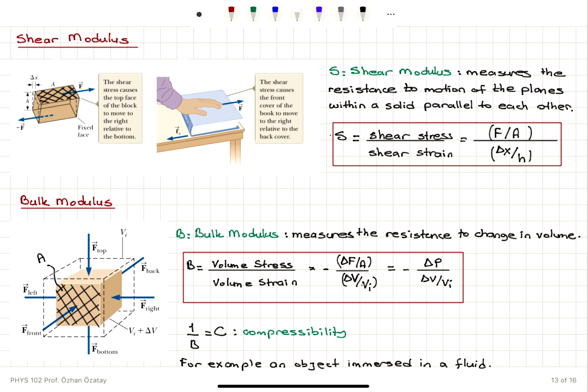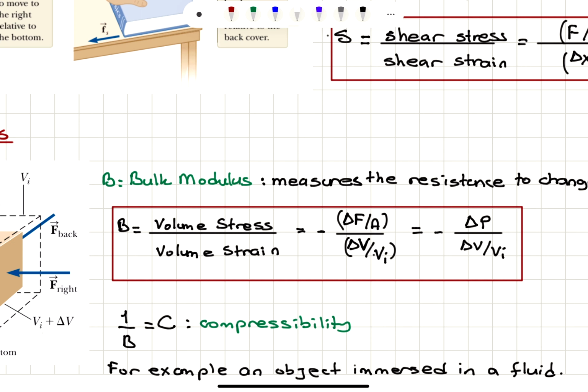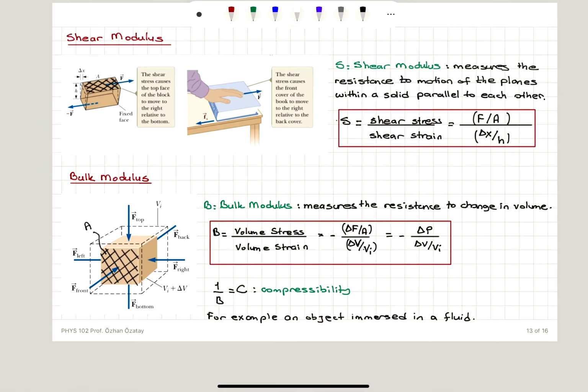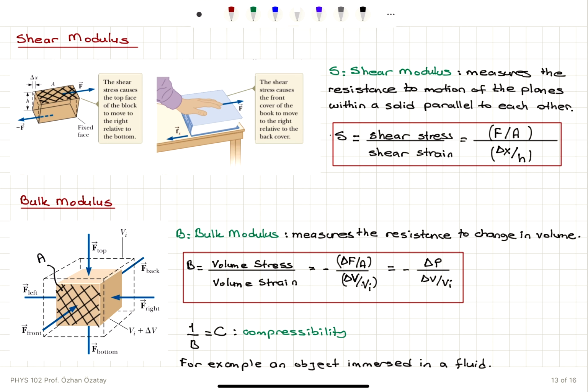Basically, if the object has a high compressibility, you can see that delta V over V initial is minus delta P over B, so minus compressibility times delta P. So delta V will be high for a high compressibility. So for example, if you immerse this object in a fluid, you will change the pressure on the object.